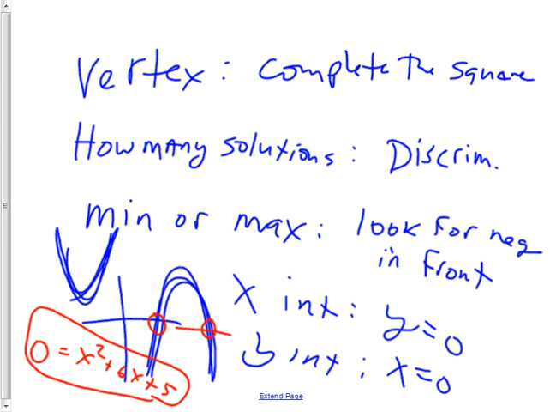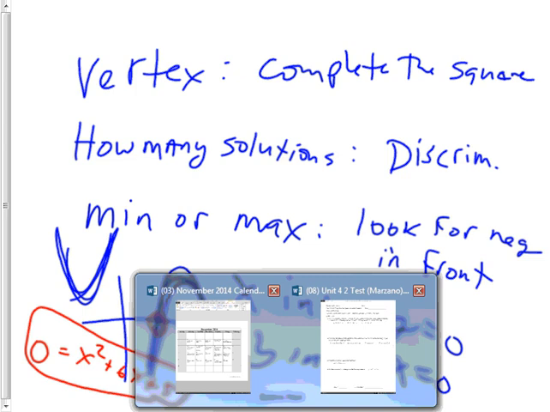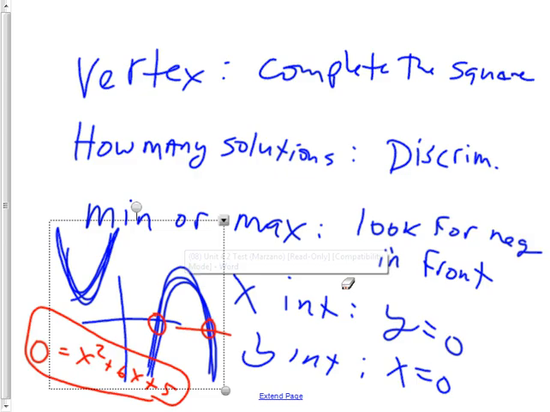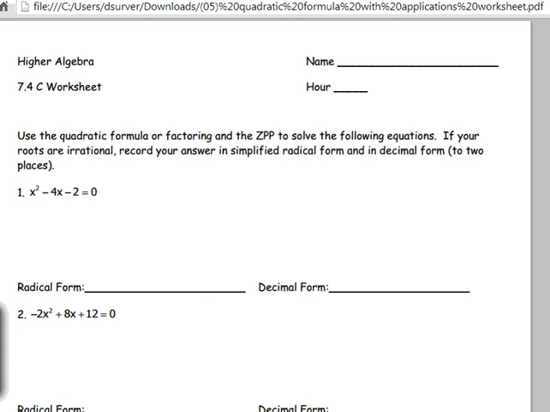Okay, so let's do the homework or get started together. It looks like neither of those two. What does it say on it? I'm going to pause for a second while I try to find the homework. Okay, found it. It's called Higher Algebra 7.4C worksheet.